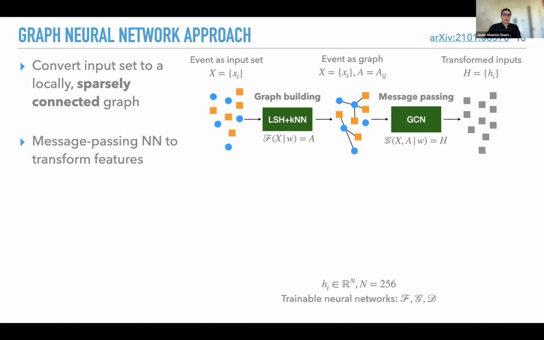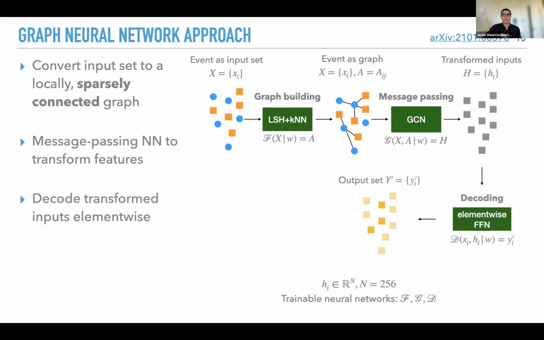Afterward, you can apply standard message passing once you've constructed this graph. From that, you end up with a transformed set of inputs, a new set of nodes with different features. Finally, we decode this with an element-wise fully connected neural network, so not really a graph neural network anymore.